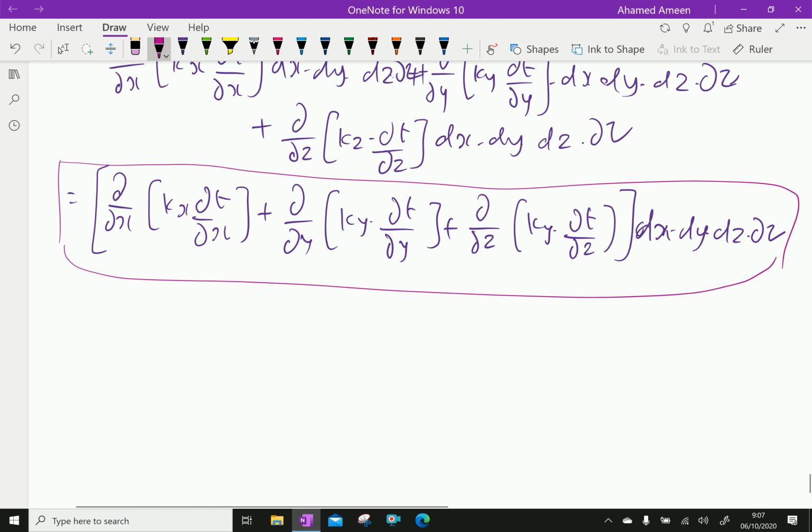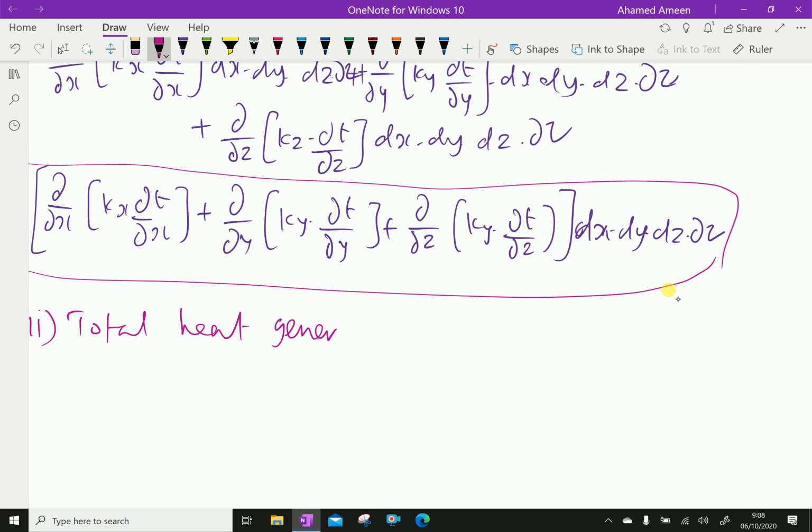Now next we'll consider the second part, the total heat generated within the element.